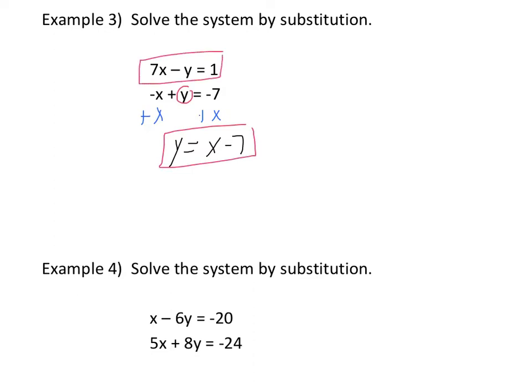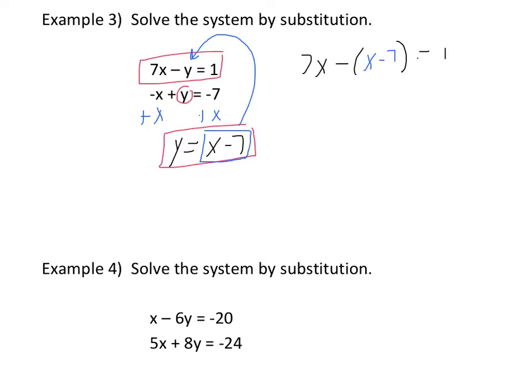Now we solved for y on purpose. Now we know what y is equal to. I'll take that to the other equation and plug it in, which will give us 7x minus, and y is now being replaced with x minus 7 equals 1.